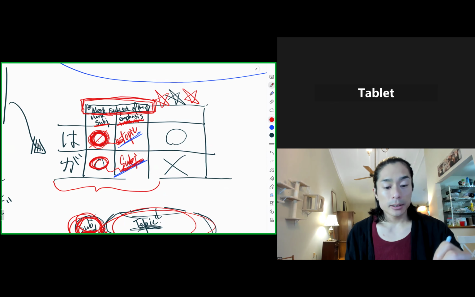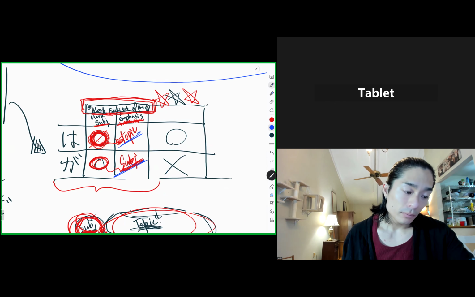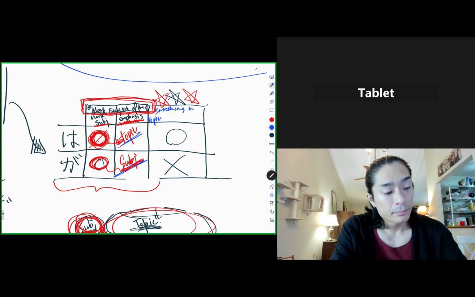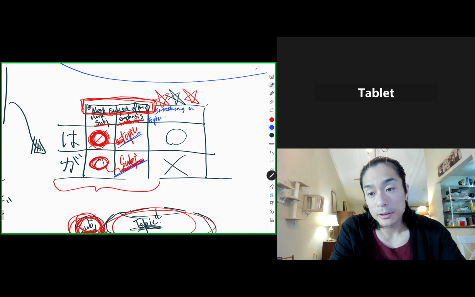And this function is introducing a topic. And I know this sounds confusing, right? Okay. Simply put, one good way to translate is as for blank.